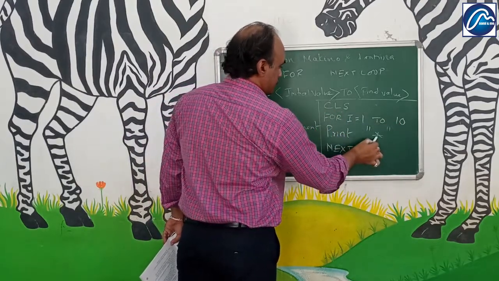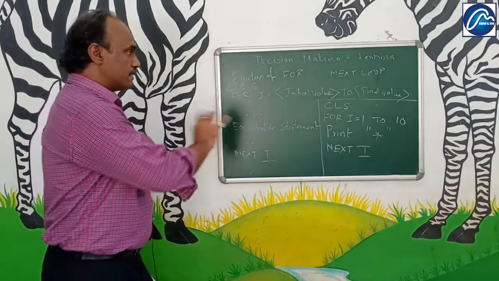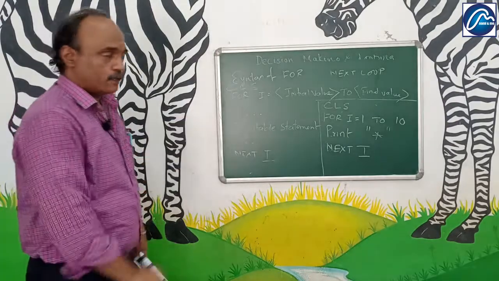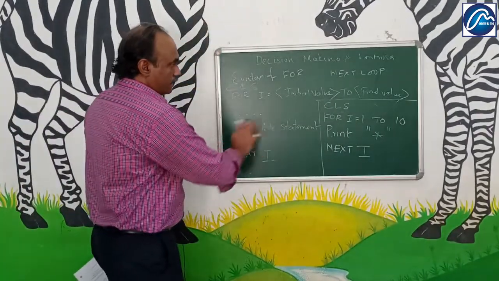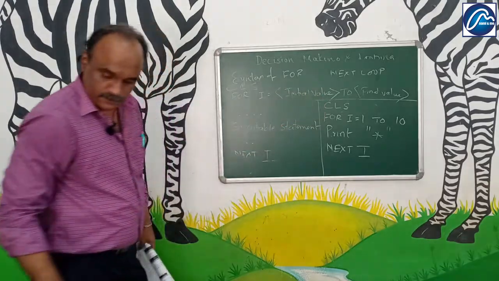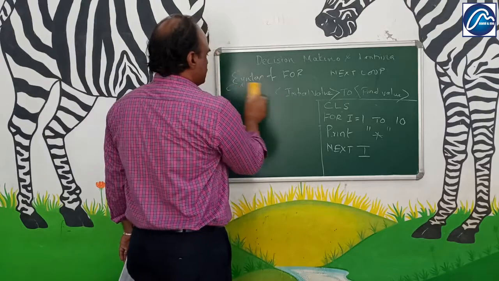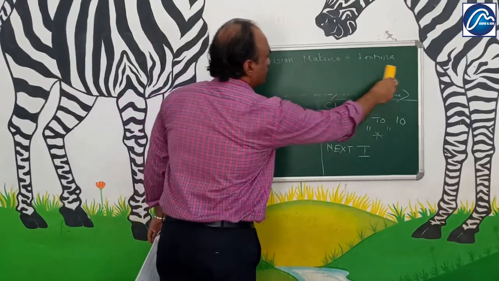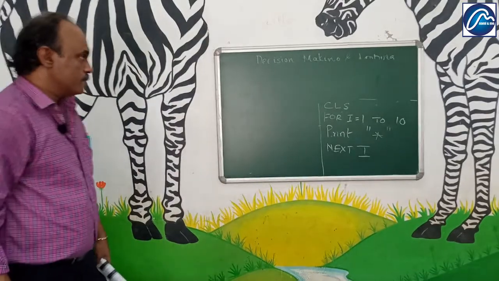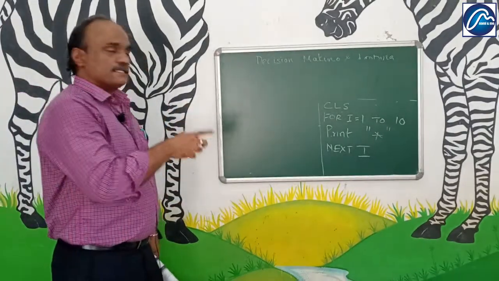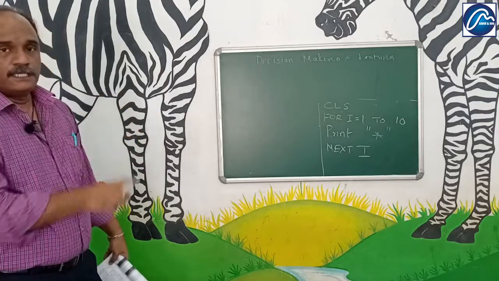Print asterisk, next I. This is the way it is written. Now what happens when you run the program? I can show it on the screen. Actually, these things will be much clearer when you run the program in QBasic. Writing the theoretical part is a little difficult to explain on the board, but in the lab it will be easier.